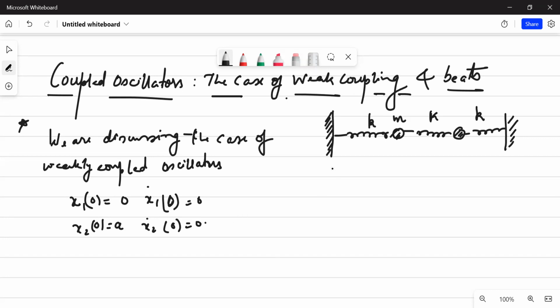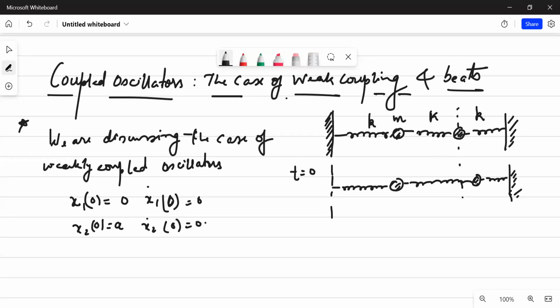The left mass will remain at its own position. At time t equal to 0, it has already been given that the right mass is at A, a slight displacement.